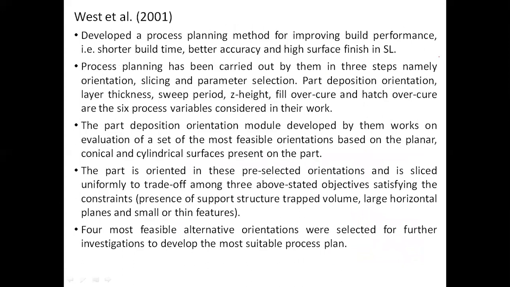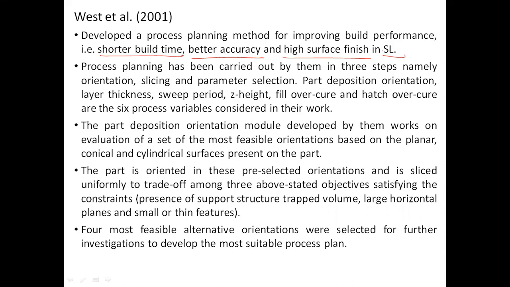Then another method came from West. It came in 2001, and they actually used a simple mathematical equation in order to improve the build performance. And the build performance was shorter build time, better accuracy, and higher surface finish in stereolithography parts. So what they did was they planned the process by considering only 3 steps.